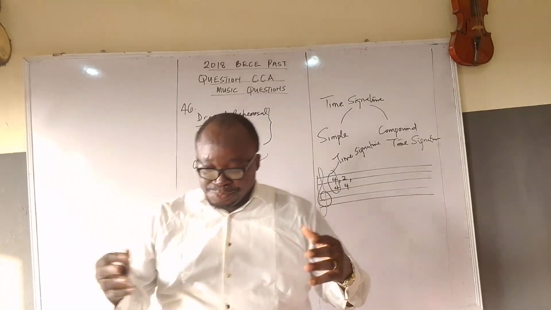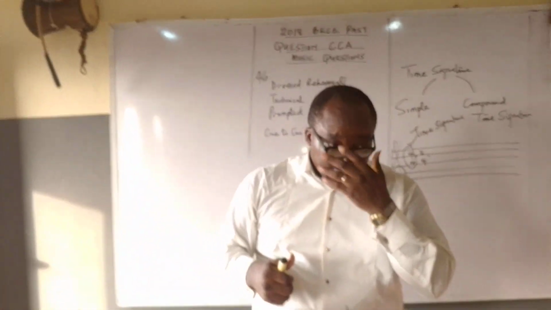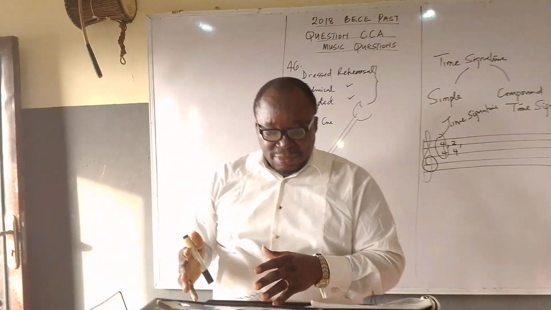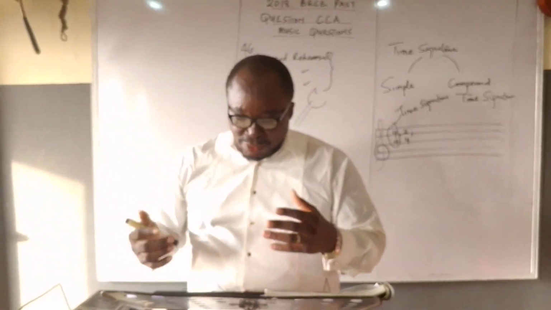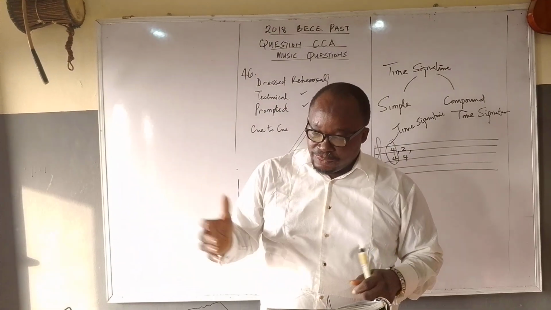We also have another category. This one moves in twos. They move in twos, threes, and in fours based on their name. It is simple double when it moves in twos. It is simple triple when it moves in threes, 3-4, and quadruple when it moves in 4-4.